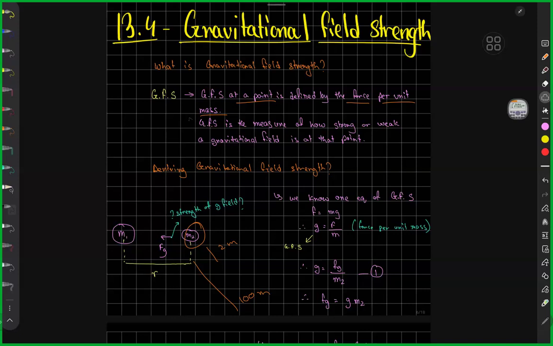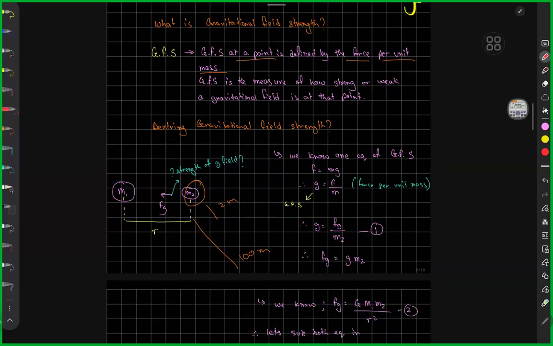So it is simply a measure of how strong or weak gravitational fields are at any given point. That is 2 meters away, 3 meters away, 4 meters away, 5 meters away. Doesn't really matter. Okay? Gravitational field strength changes with distance. Same with force. The difference between force and gravitational field strength is that gravitational field strength is measured with respect to 1 kg of mass. Okay? Now, how do we derive it?